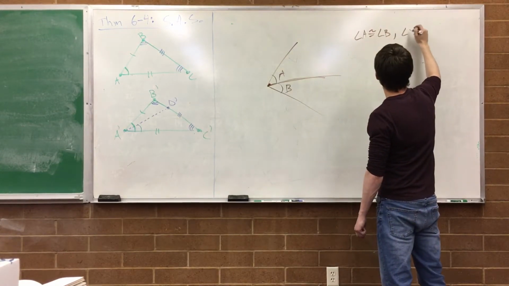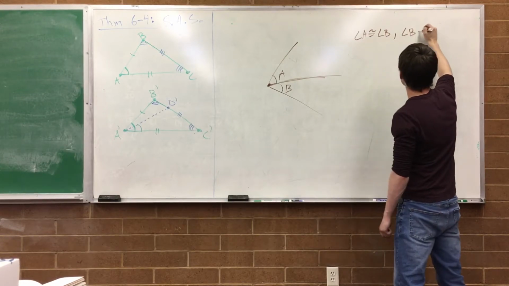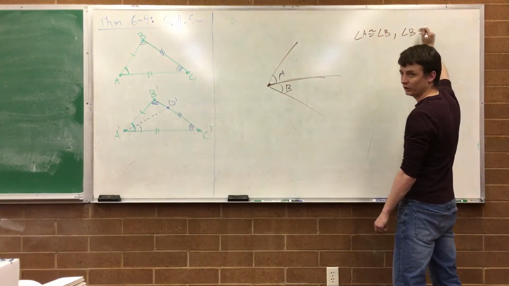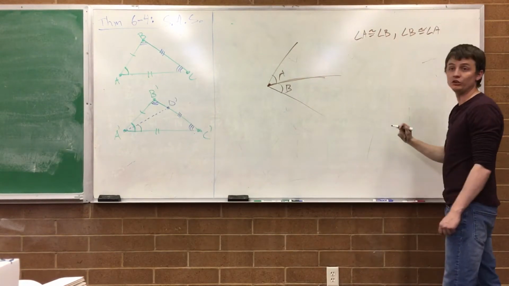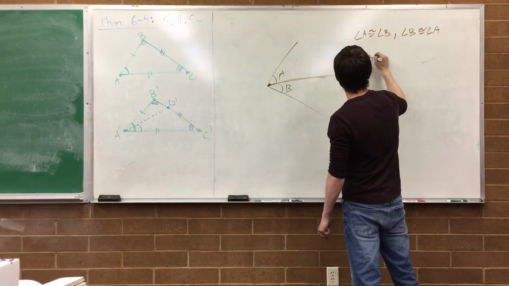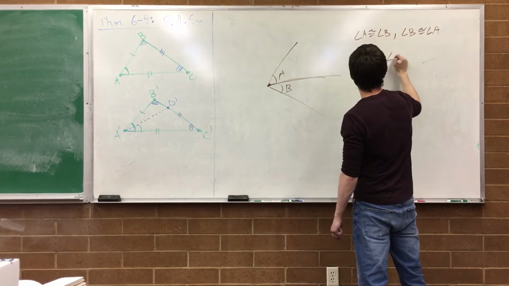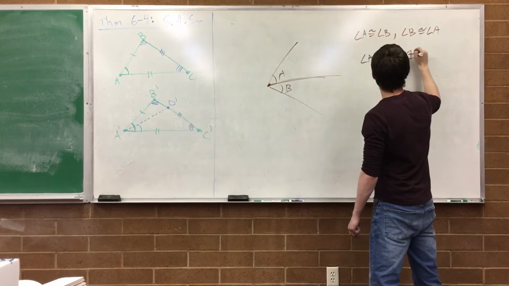And we know by the symmetric property, sorry, not reflexive, that angle B is congruent to angle A. Then using transitivity, angle A is congruent to angle B is congruent to angle A.